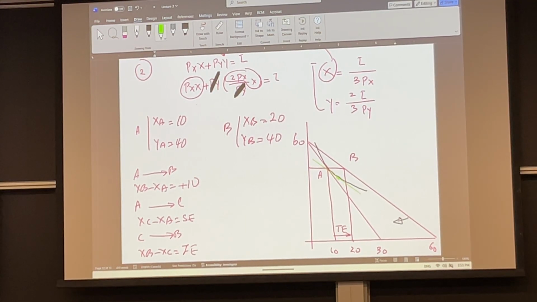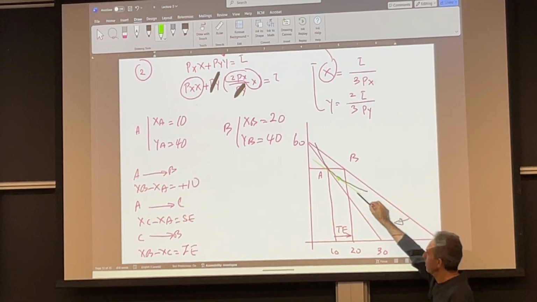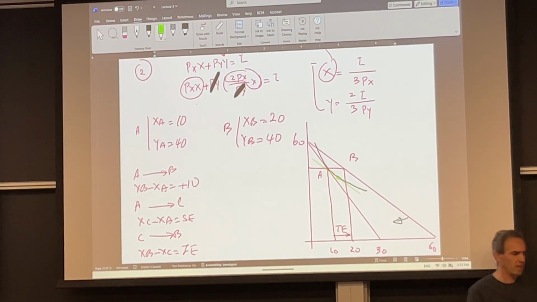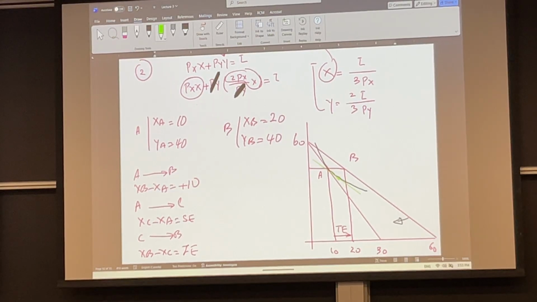If you have a ruler, let's shift this back, get the tangent C. C, since the good is normal, is always between A and B. We don't have a numerical question where it is not. It's just a graph where the good is inferior, stuff like that. For the mathematical functions we use, it's always normal. So C is always between A and B. That is point C.